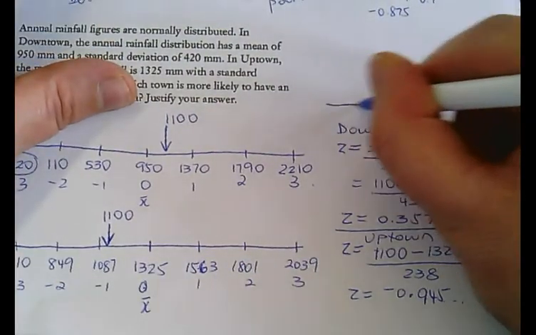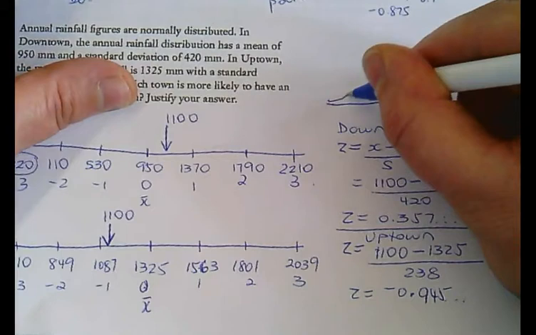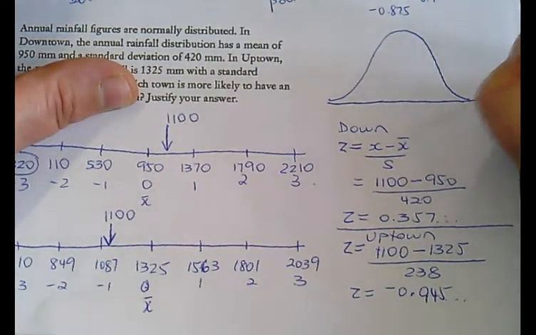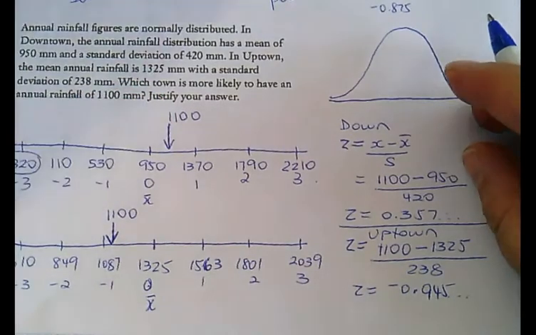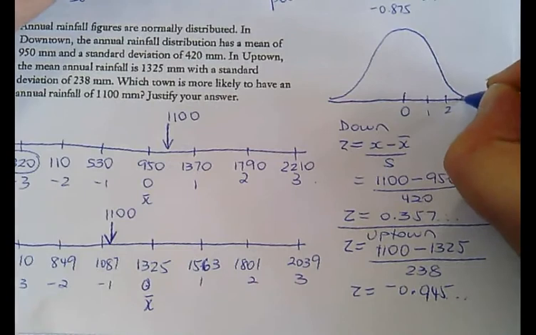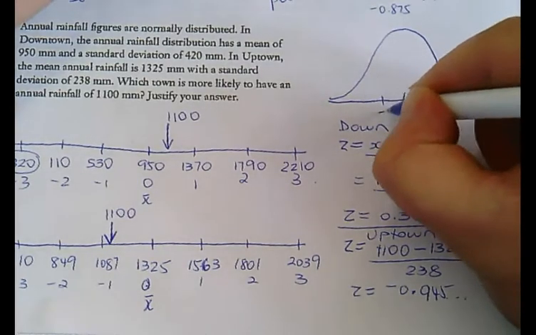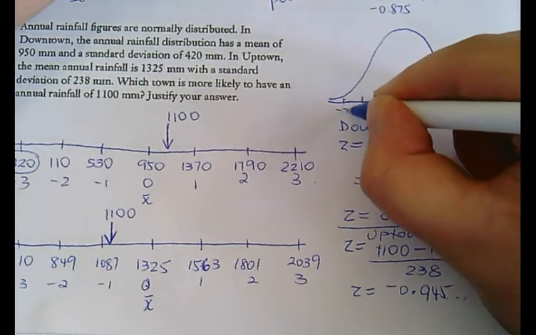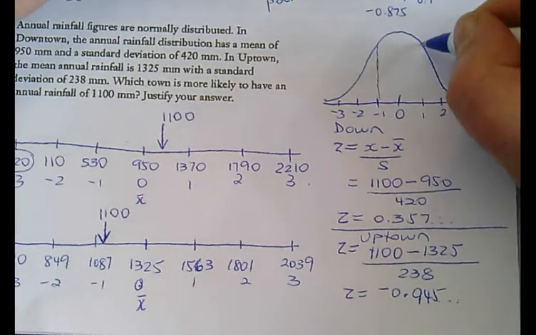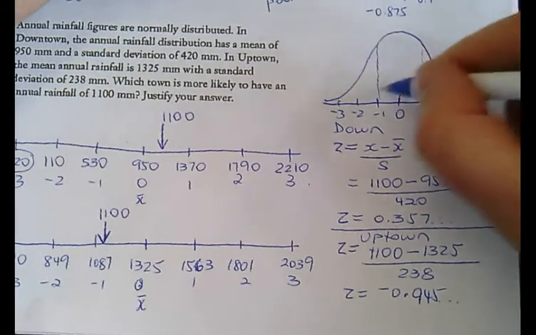I'll show you why. I'm going to draw this graph. Remember the whole graph thing? Really, there are imaginary histograms underneath each. Here is 0, and there's 1, and there's 2, and there's 3. Do you remember the first diagrams that we looked at looked like this? If you're sitting in here, it is 68% of the scores.